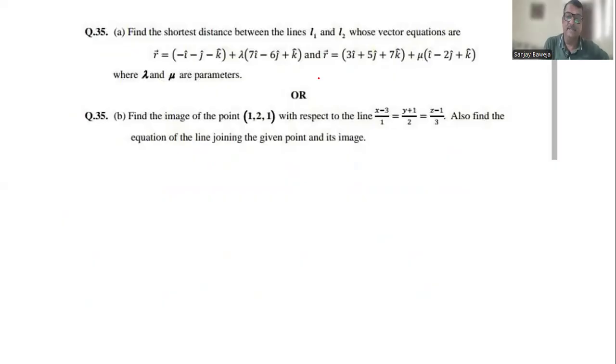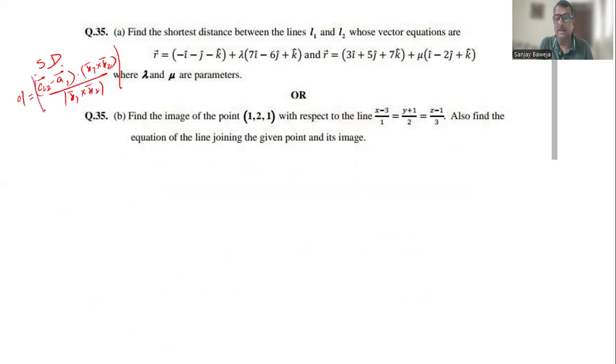Now 35 is a straight question based on a straight formula. So 35a, shortest distance formula everyone knows. You will simply apply this formula: vector a2 minus vector a1 dot b1 cross b2, divided by magnitude of b1 cross b2, and its whole magnitude.